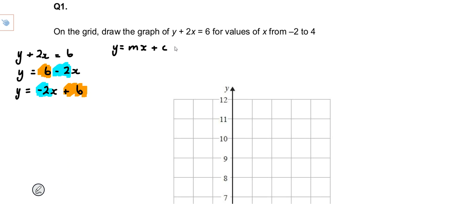Remember that? Okay. So m is the gradient and the intercept is the plus c. Do you remember we did all that work on if these are the coordinates, how do you find the gradient, how do you find the plus c? Remember doing that? Okay. So how do we use this information to draw the line then?